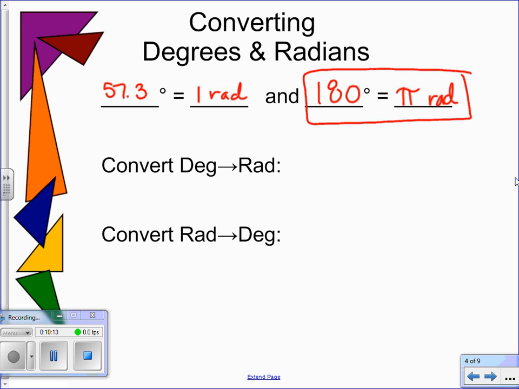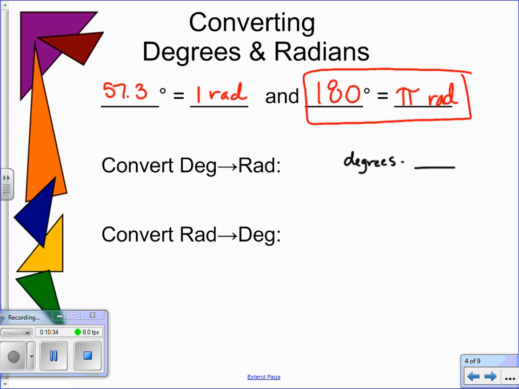Okay. So to convert something from degrees into radians, think about if you have something in degrees and you're going to multiply it by a conversion factor, which is some kind of fraction.